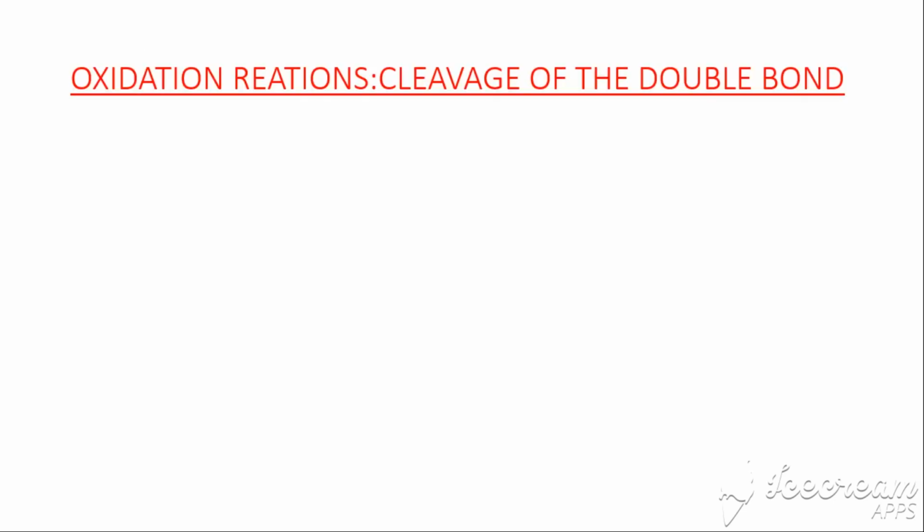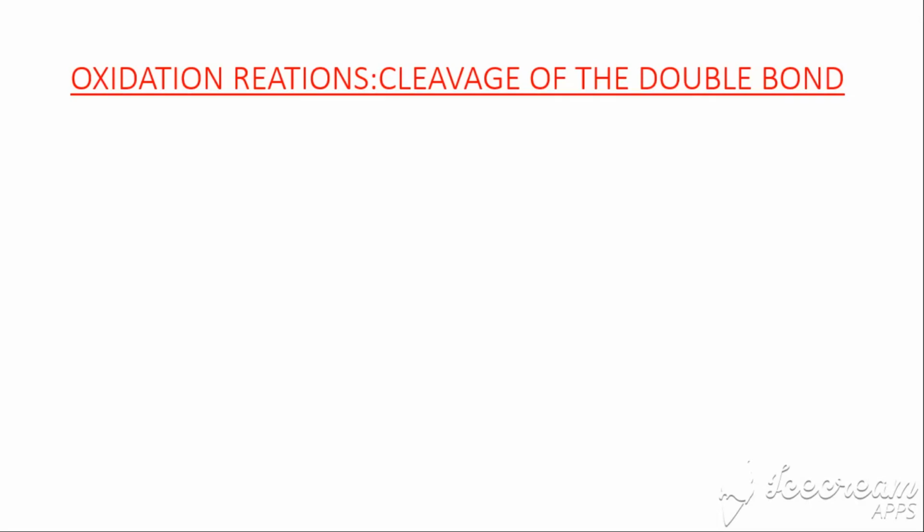Next will be the oxidation reactions. We do know that if we have an unsaturated hydrocarbon and we expose that compound to an oxidizing agent, the double bond will be cleaved to give carbonyl compounds, either ketones or aldehydes. But that depends on the type of oxidizing agent we are using. If we are using a weak oxidizing agent, then we can cleave the double bond and leave the compounds as carbonyl compounds.